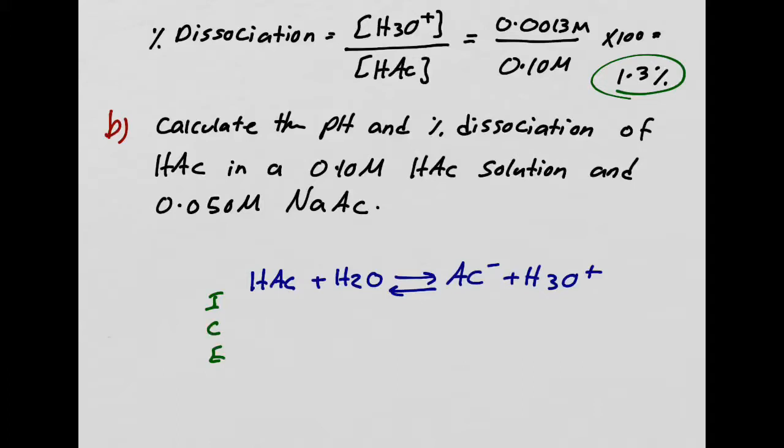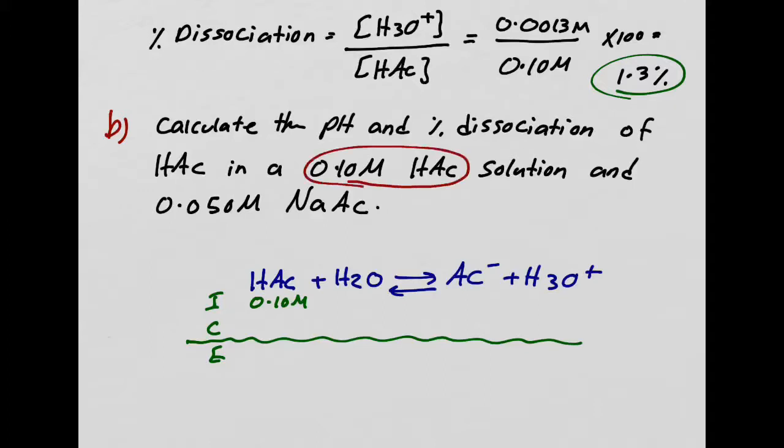I have to do an equilibrium constant. That hasn't changed. Now what I have in this solution, I have 0.10 molar acetic acid. But what else do I have? I also have in the same solution 0.05 molar sodium acetate. Now check this out. We talked about this. So sodium acetate would be Na plus and Ac minus, right?